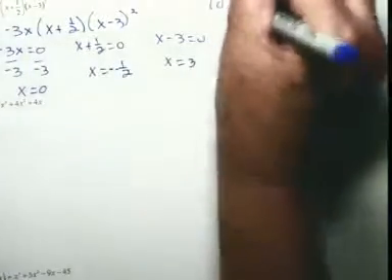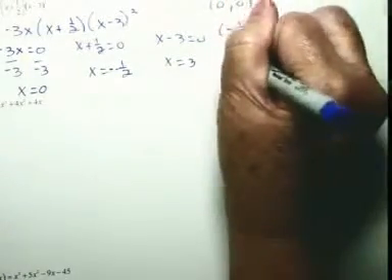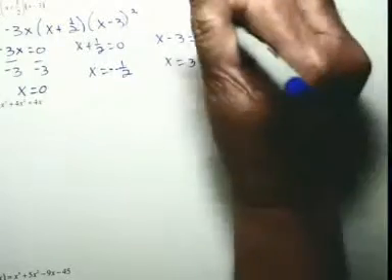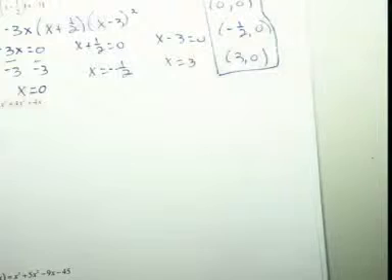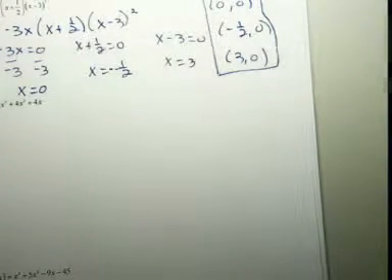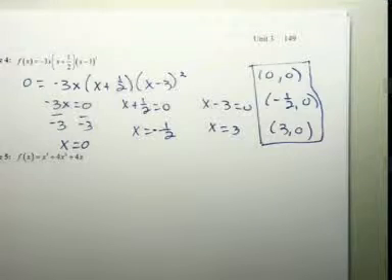But you really should write these as points. They're going to help you a lot when you go to graph them. If you remember that I picked y to be 0, so these are points where y is 0.